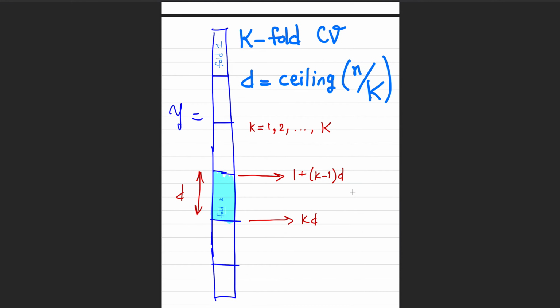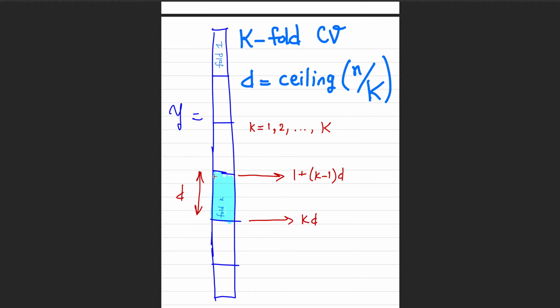So when we're doing k-fold cross-validation, we have this vector y, which consists of n observations, and we want to do k folds.